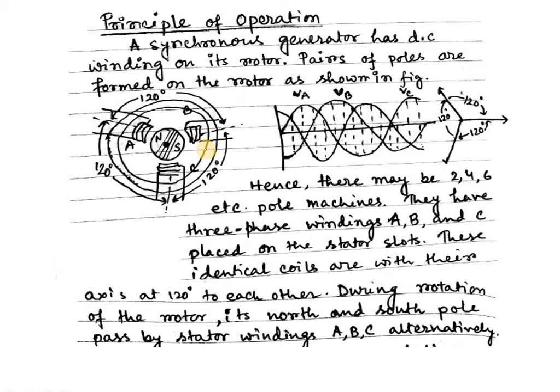Hence, there may be 2, 4, 6 pole machines. They have three phase windings A, B and C placed in the stator slots. These identical coils are with their axes at 120 degrees to each other. During rotation of the rotor, its north pole and south pole pass by stator windings A, B, C alternately.